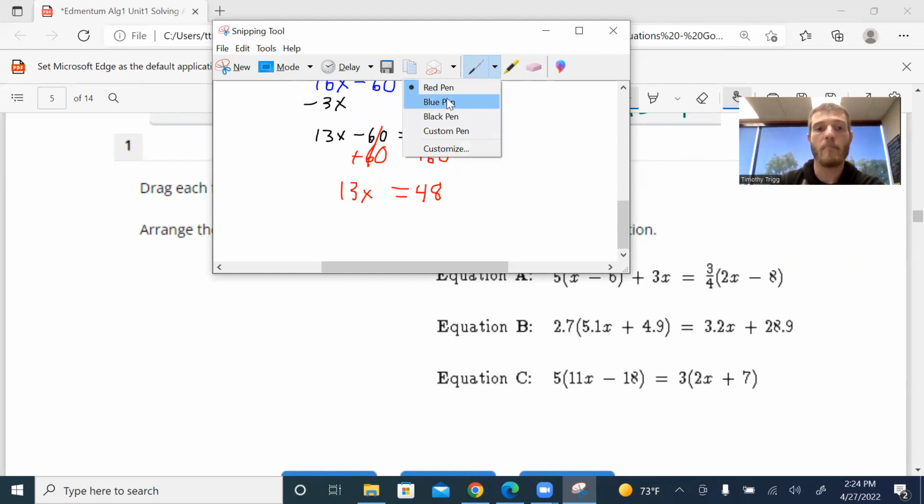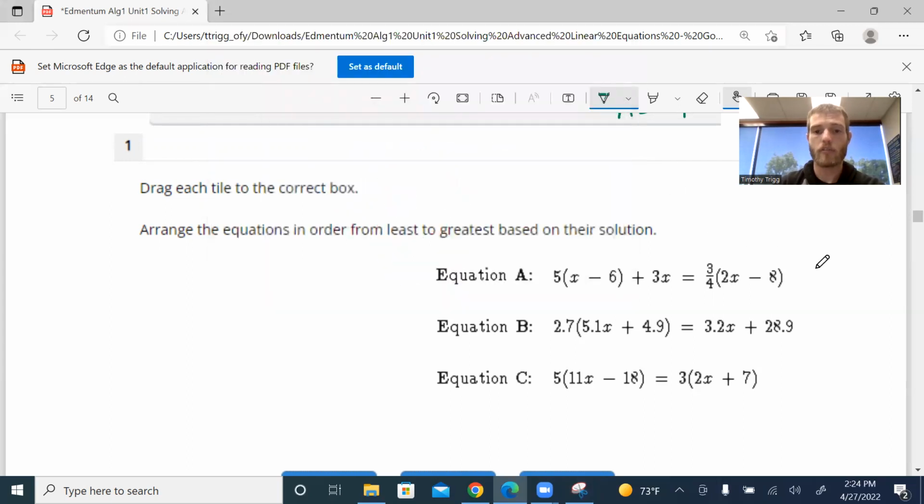We have to divide both sides by 13, giving us that x equals, here we could write it as a decimal, I think that makes the most sense. This gives us 3.69. Okay, so this first one gives us that x is 3.69.